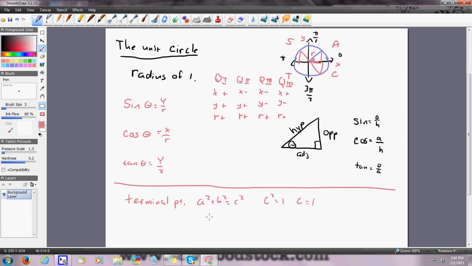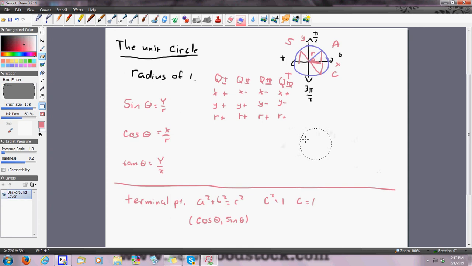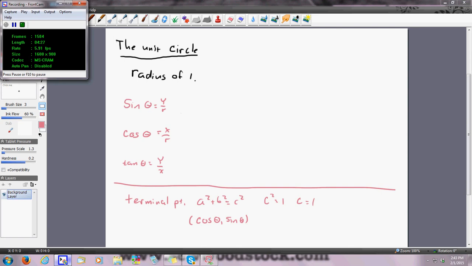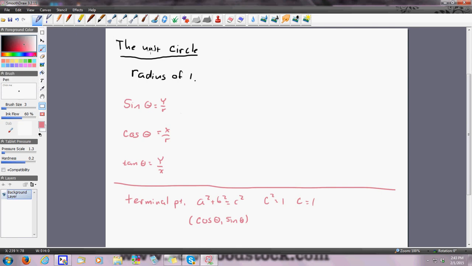And here's the deal. It's actually pretty easy. In order to find the terminal point, you find the cosine of the angle and the sine of the angle, and that gives you your terminal point. There are ways to find exact values, but that would make this video really long.